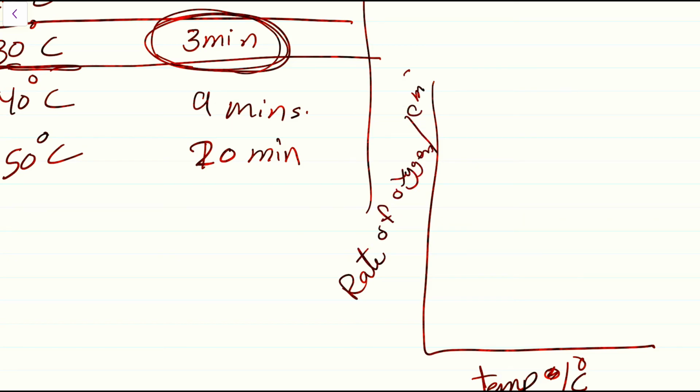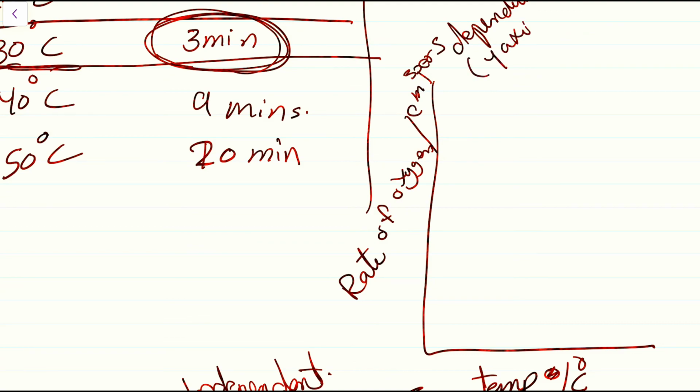And please don't forget the labels and the units of the two axes. As you see here, this is the independent, so this is the x-axis, and the dependent is the y-axis. Don't forget this, please.